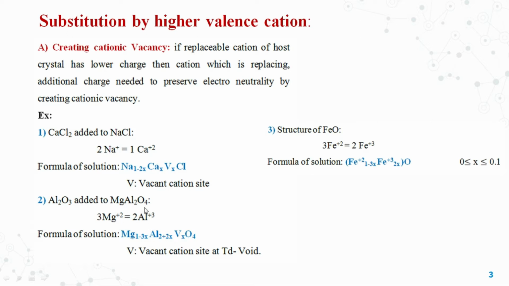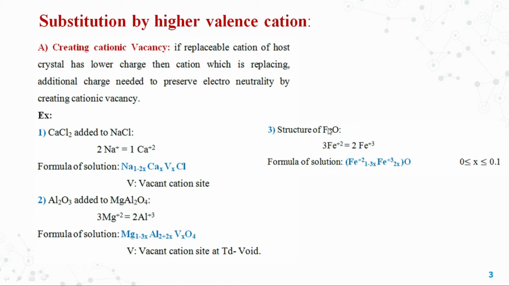So the formula of the formed solution will be Mg(1-3x) Al(2+2x) V(x) O4, because I have to remove 3 times x magnesium ions. The V, that is a vacant cation site, has a tetrahedral void.